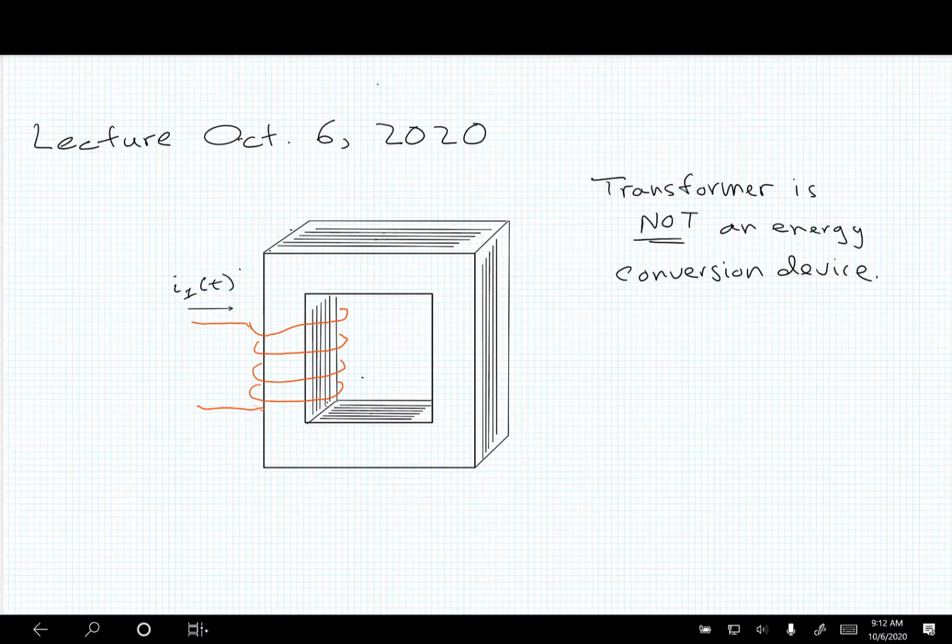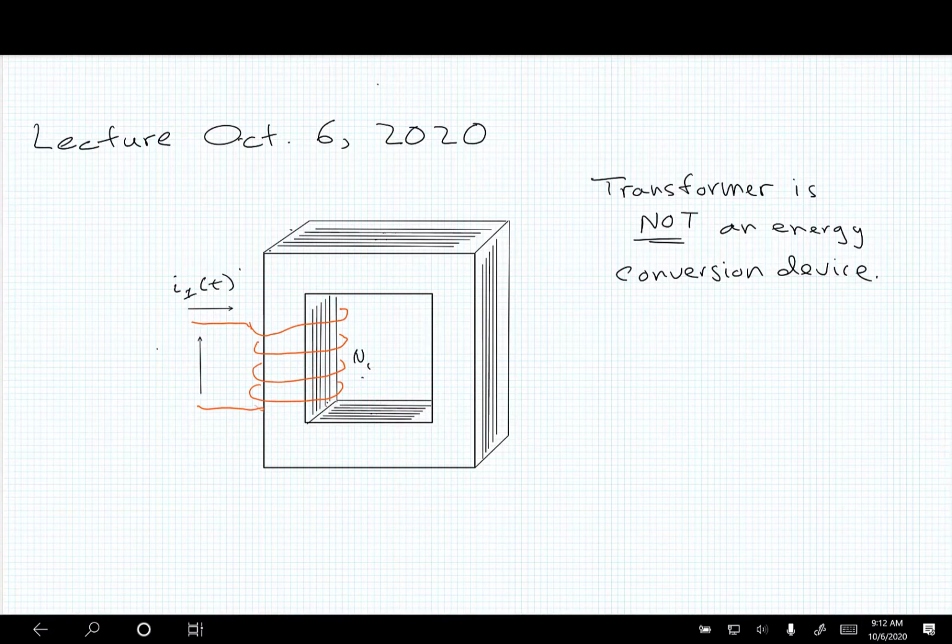Okay, so what's happening is I have a coil on the primary. It has a current through it, I1, a time-dependent current, I1 of t, and there's also a voltage across the winding.